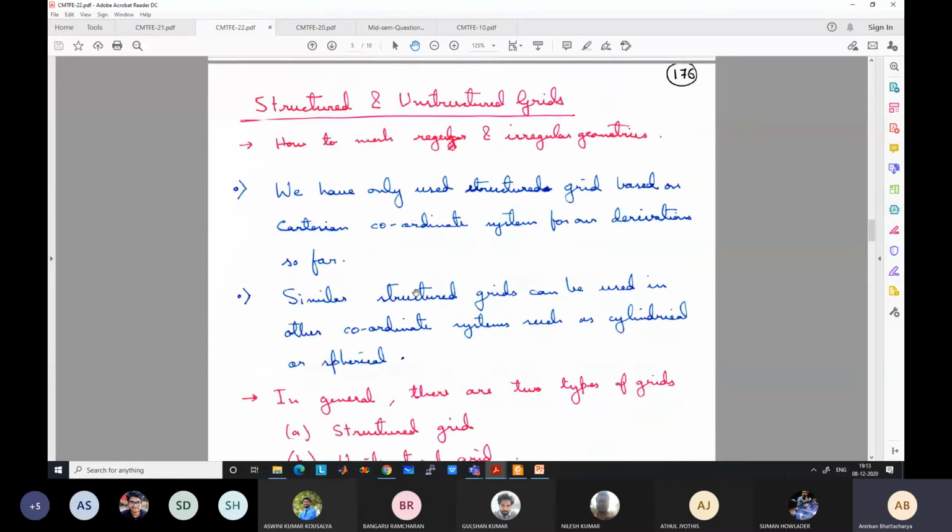So we will move on. I'll give you a brief introduction to different types of grids. Till now, whatever we have studied, we did not explicitly mention what the type of grid is.